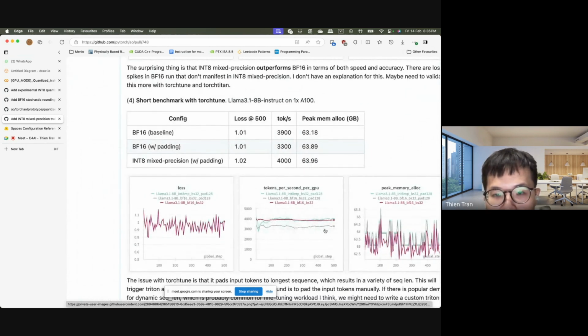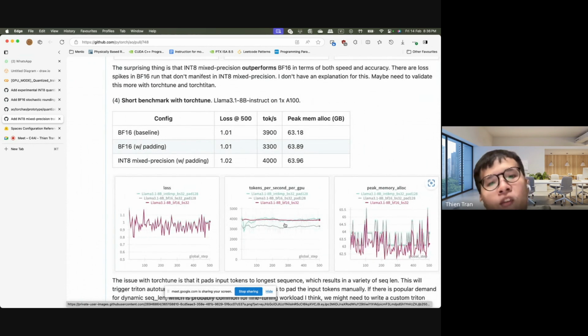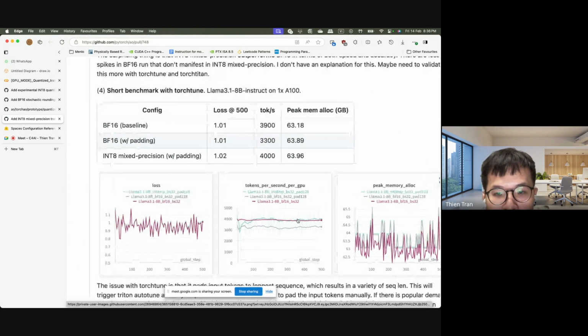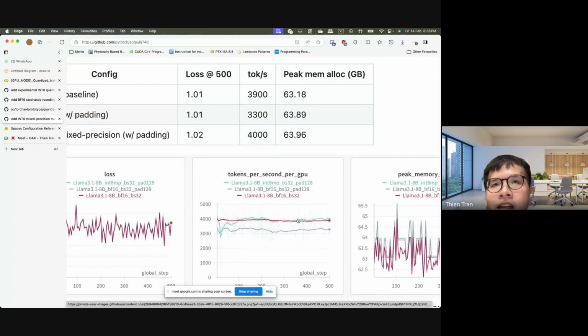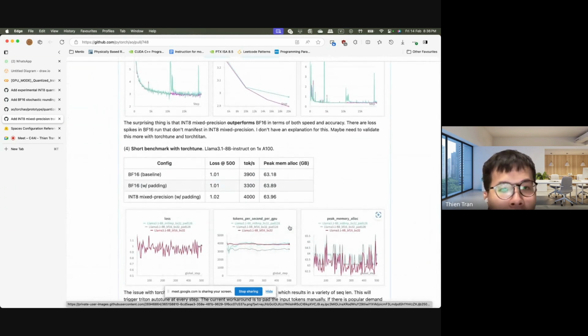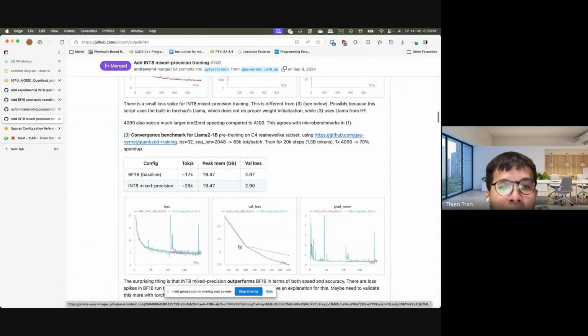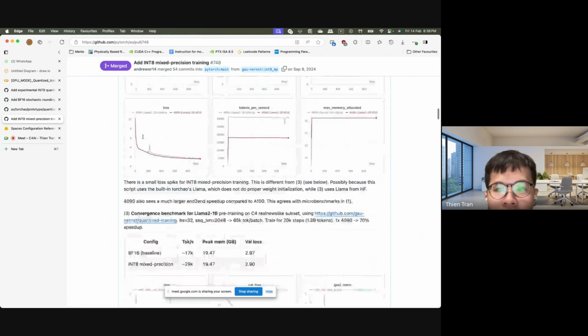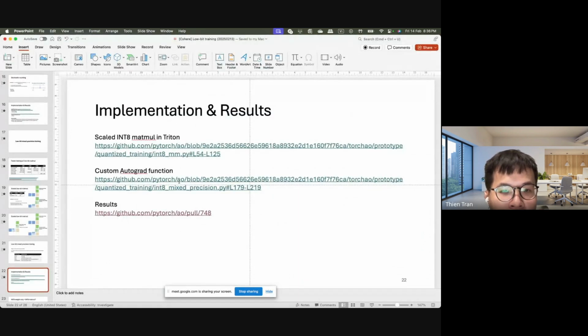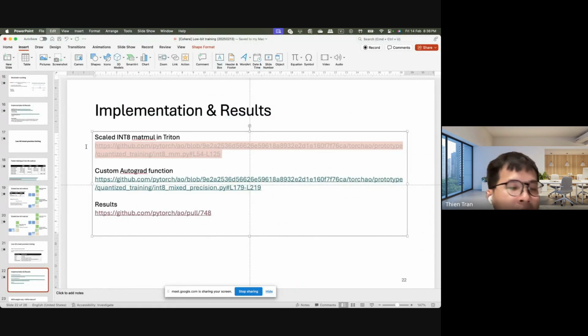And back then, I think there's some problem with torchtune about how they handle the dynamic sequence length. So you didn't see a good speedup, but if you do something like token packing for LLM training, then you will see a much better speedup here. The problem is that I wrote a custom Triton kernel for this. I think this one I showed the Triton kernel.